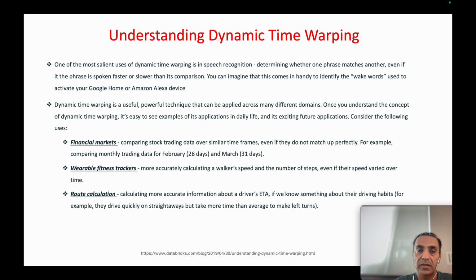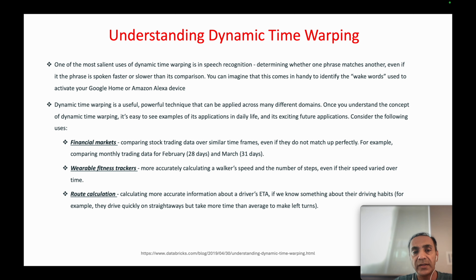In financial markets, we compare stock market data over similar time frames, even if they do not match up perfectly. For example, comparing monthly trading data for February, 28 days, and March, 31 days. Though the lengths of February and March are different, you can still compare the stocks of different companies for these two months using dynamic time warping.